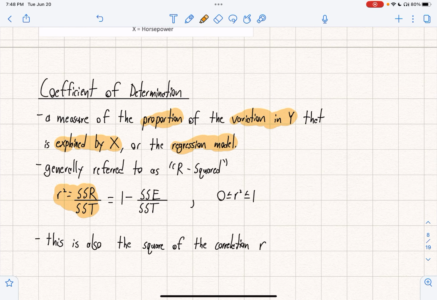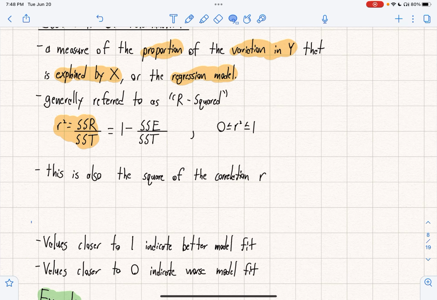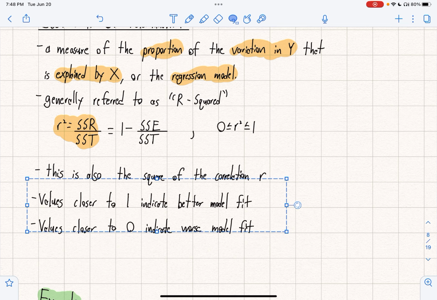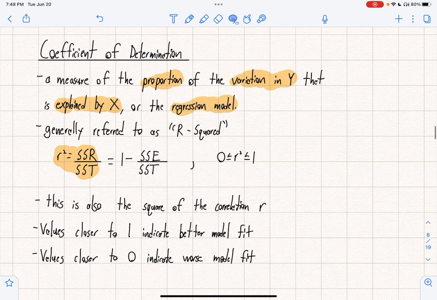Recall, correlation is between -1 and 1. If you square it, you get the coefficient of determination. As we already said, values closer to 1 indicate a better model fit, because more of the variation is explained by the regression, and values closer to 0 indicate worse model fit, because it is unexplained.